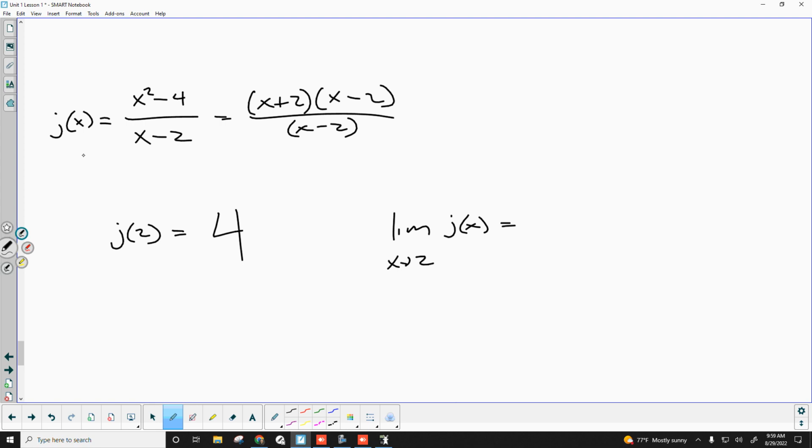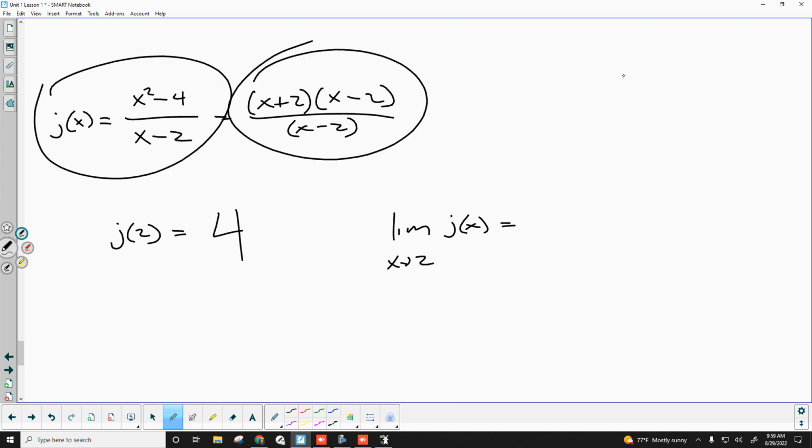What is j? J is this. What did you do? Give me a simplified j. This is different. I can plug in 2 into this, sure. But I can't plug in 2 into j. I get 0 over 0. This is undefined. You're not allowed to plug in 2 on the dot.